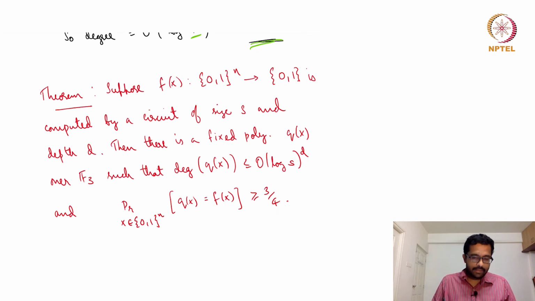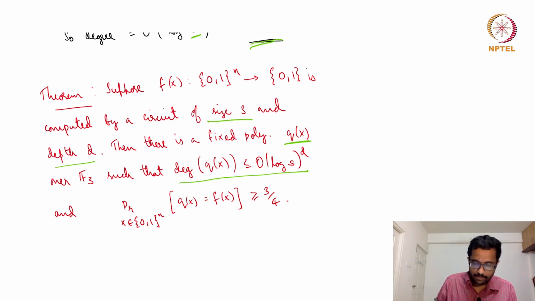So now the claim is that suppose you have a function f computed by an AC0 circuit of size s and depth d. Now we are claiming that there is a fixed polynomial q that has degree order (log s)^d, which is the same as what we had in the previous theorem, such that the probability of q(x) equal to f(x) is at least 3/4.